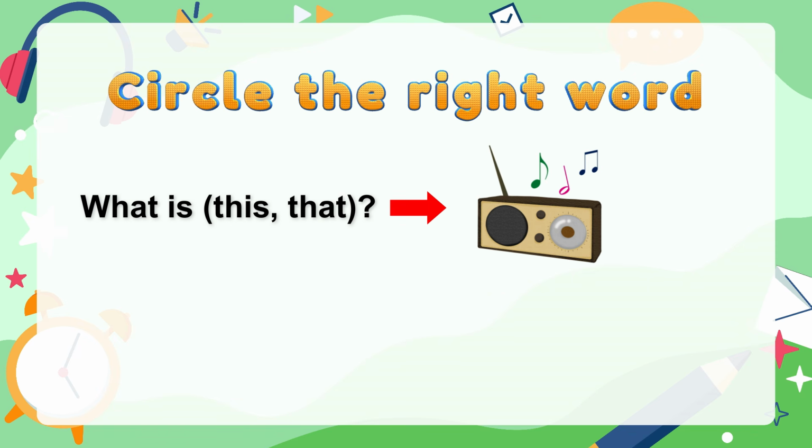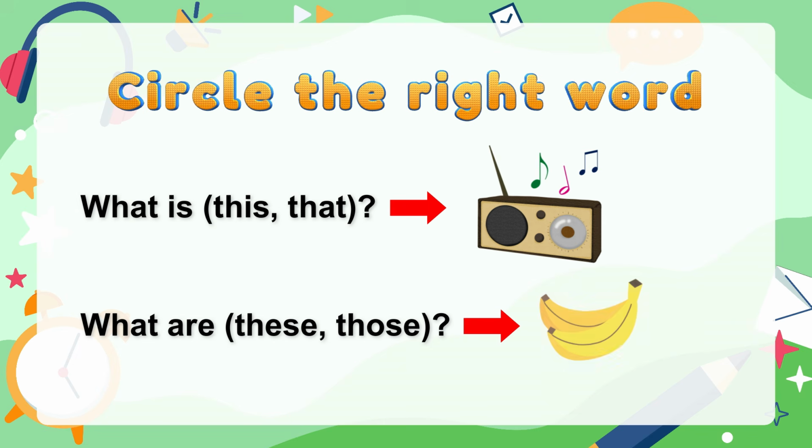The arrow shows something nearby. What is this? What are these, those? The arrow shows things nearby. These talks about things nearby. What are these?